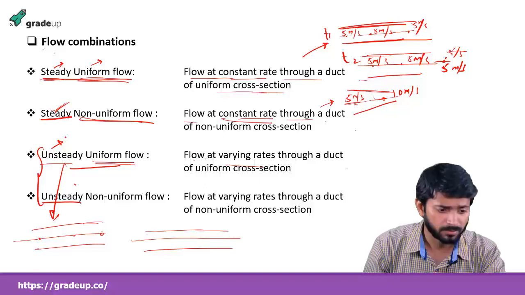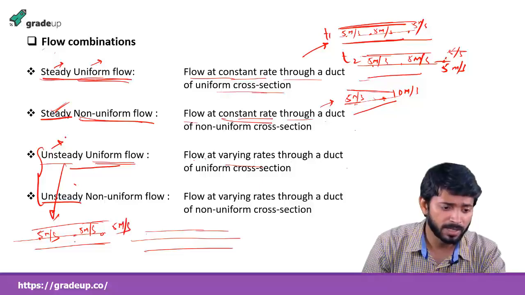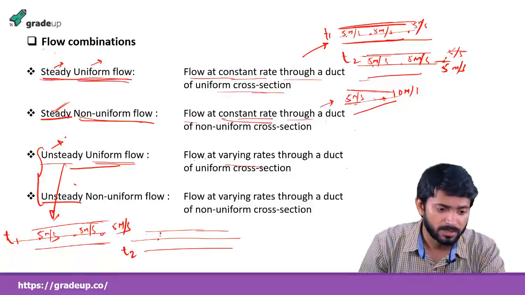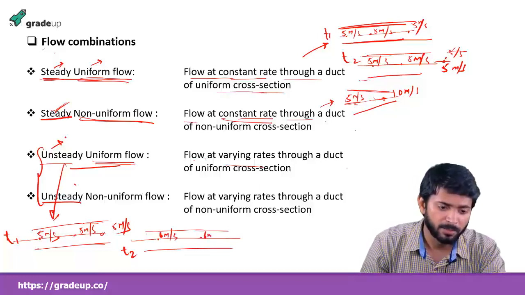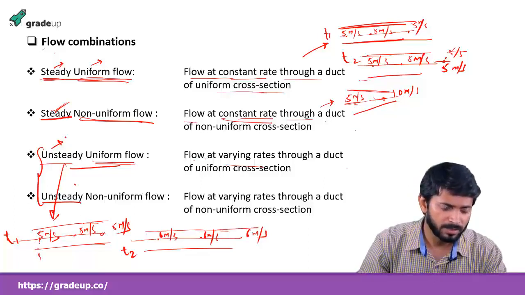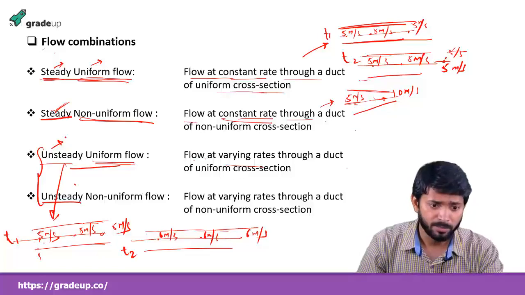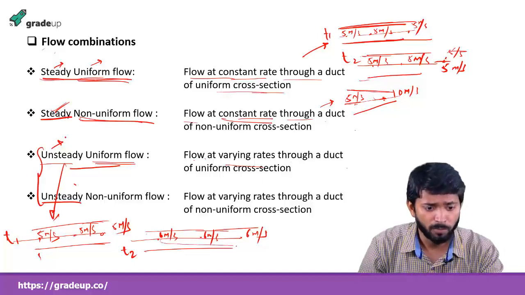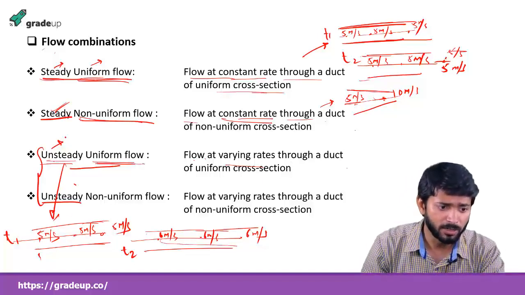Say the velocity is 5 meter per second, with uniform cross section given, again 5 meter per second, here again 5 meter per second, at time t1. Now at time t2 the velocity may have increased, say 6 meter per second here, 6 meter per second, 6 meter per second. So the velocity is the same everywhere, but at time t2 the velocity is different but uniform everywhere.